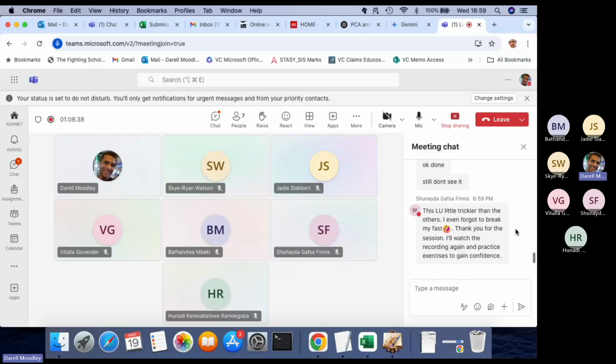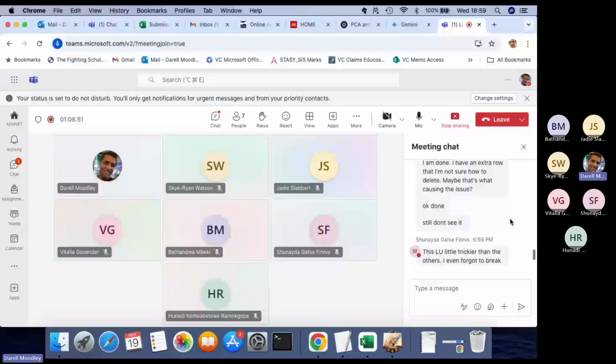I'm assuming it's a little trickier than the others. No problem. Yeah, but please just let me know if you have anything you're not sure about. If you're still not seeing it, that is very weird. You're pressing Shift 1 and you're not seeing the option REG.